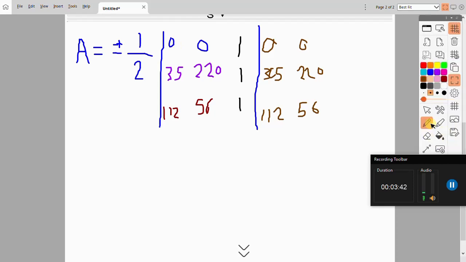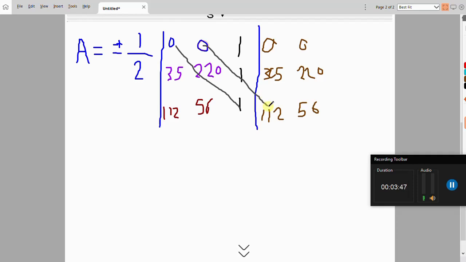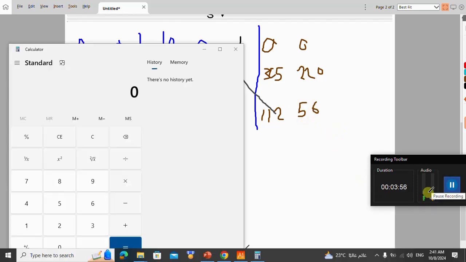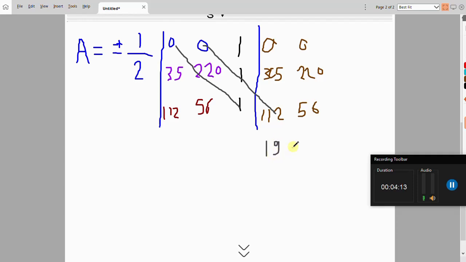The going down diagonal will be, of course, 0, 0, and here 1 times 35 times 56, and as we said before, here 0 plus 0 plus this is the main diagonal.